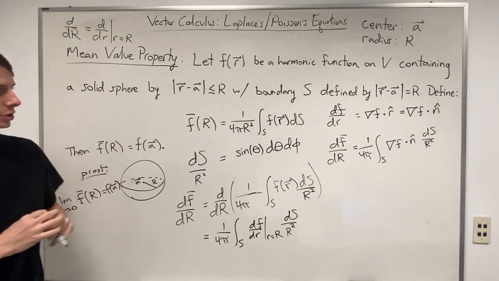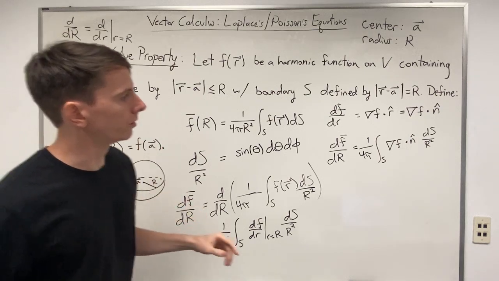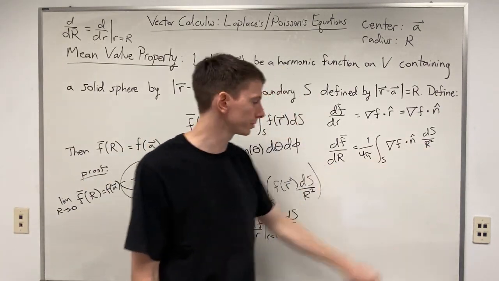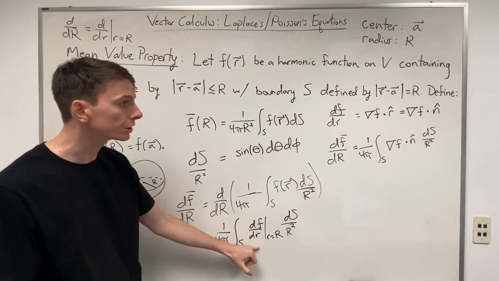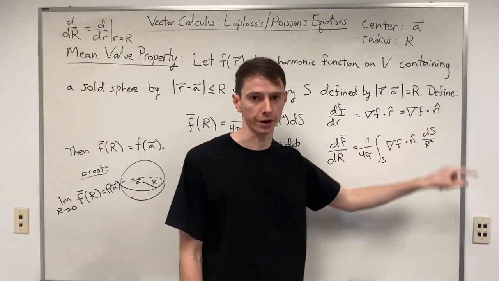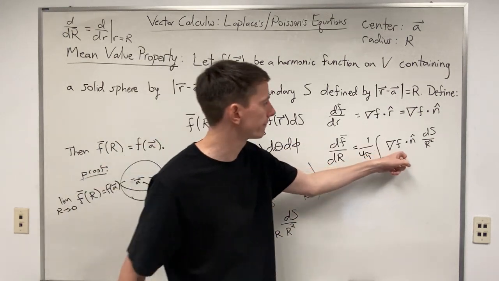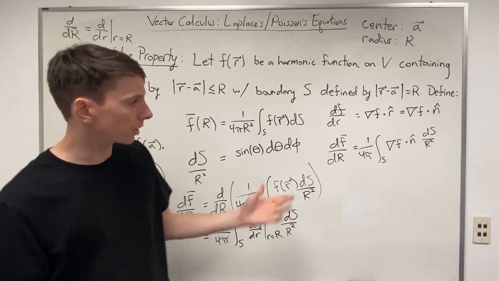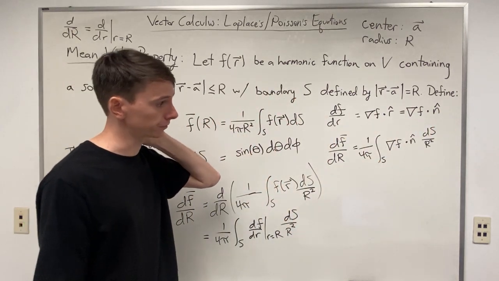So that's the current expression that we have. Now, again, putting this 1 over r squared factor here in the first place was just to make use of the fact that the derivative would only act on the integrand and not the area element explicitly. Or actually, it would act on the f function, the harmonic function, and not the area element, right? But r is still a constant. It's just the radius of the sphere.